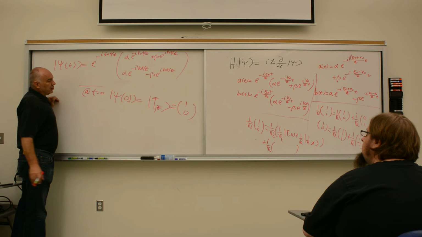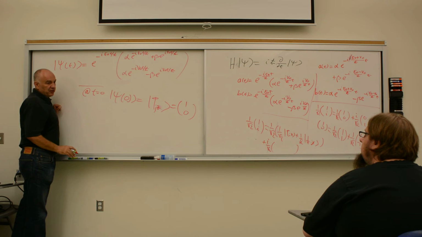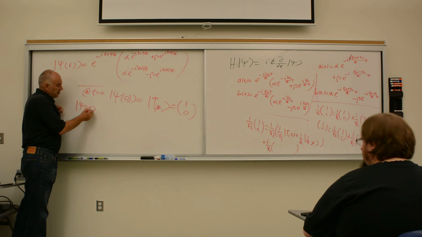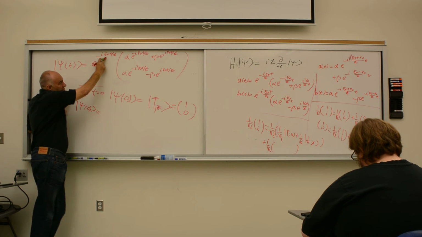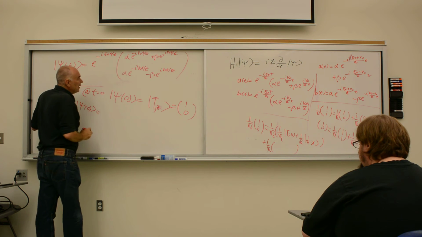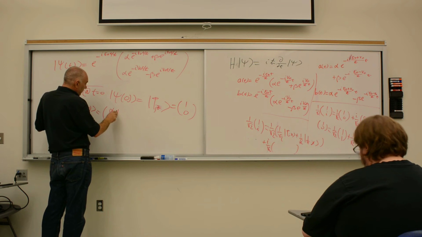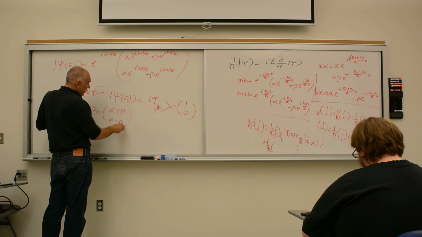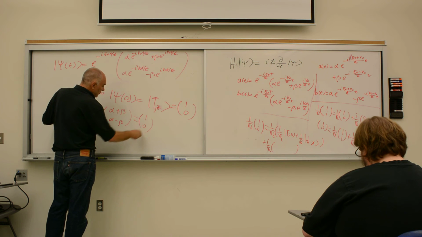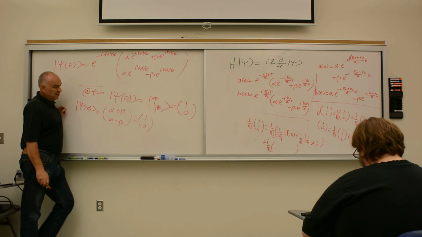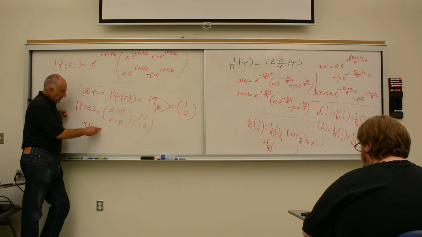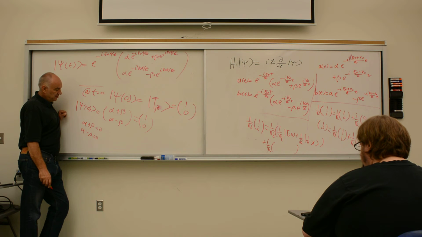So you stick t equals 0 into that equation. So psi of 0, once you have the solution, all these exponents become 1, and you end up with alpha plus beta and alpha minus beta, which is 1, 0.